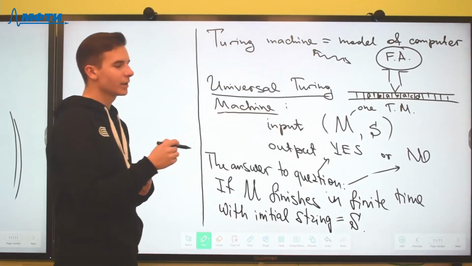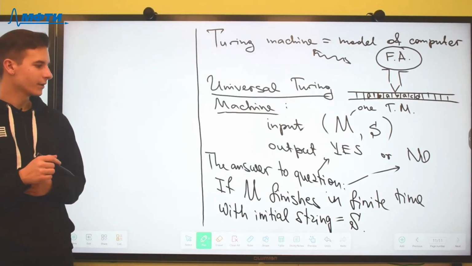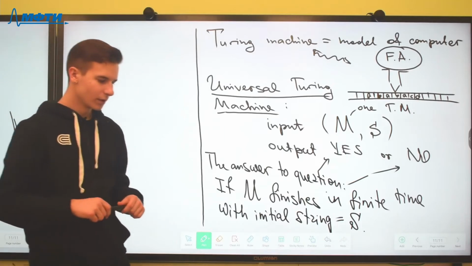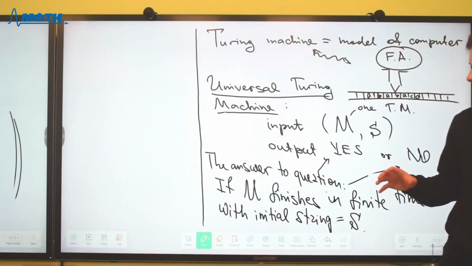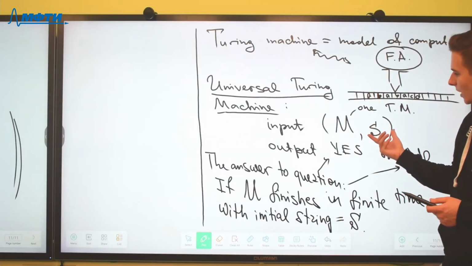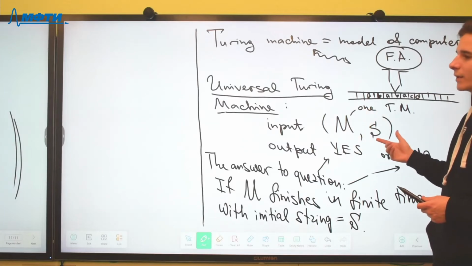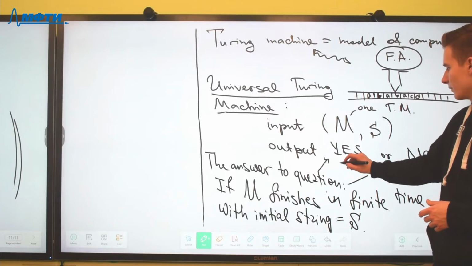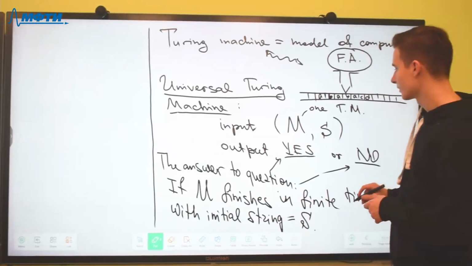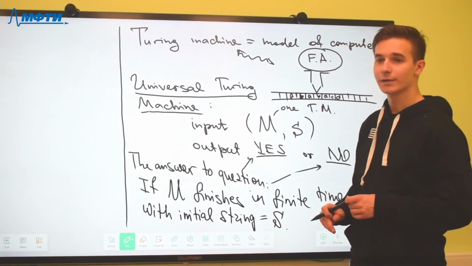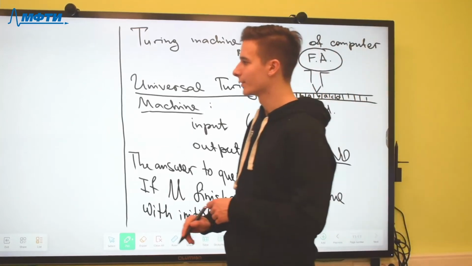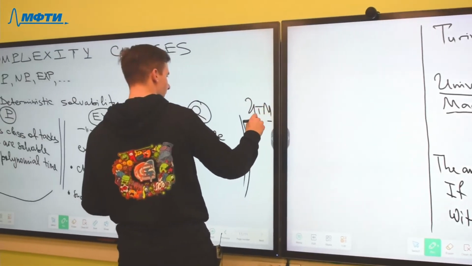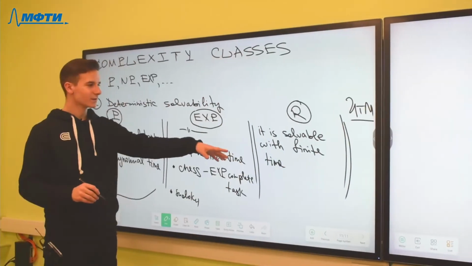We don't know, given some expression of a Turing machine and some string, that we get the right answer in finite time. So the universal Turing machine is out of these classes.